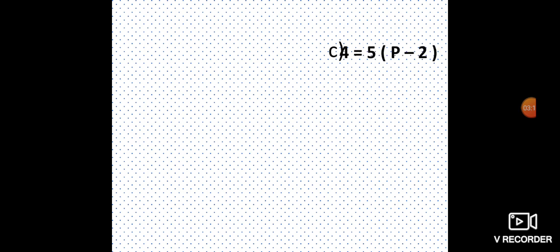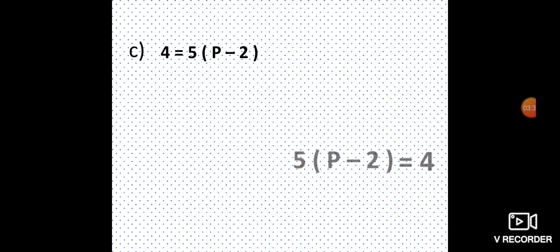Okay, C question. 4 equal to 5 into p minus 2. Here, in the LHS only 4 and in RHS 5 into p minus 2. So, for solving easily, we change the position of LHS and RHS like this. 5 into p minus 2 equal to 4.